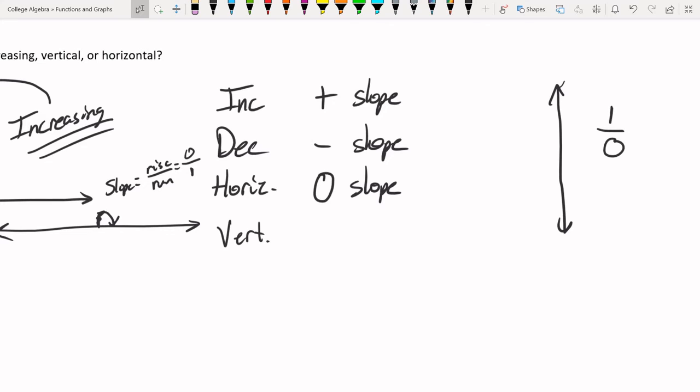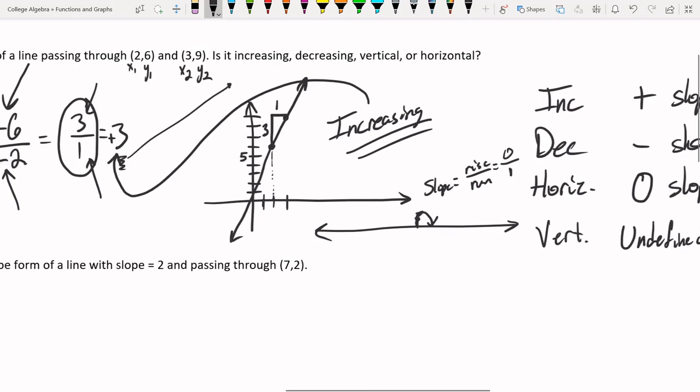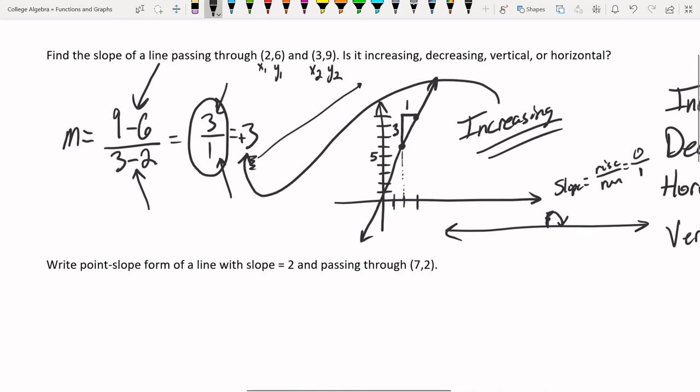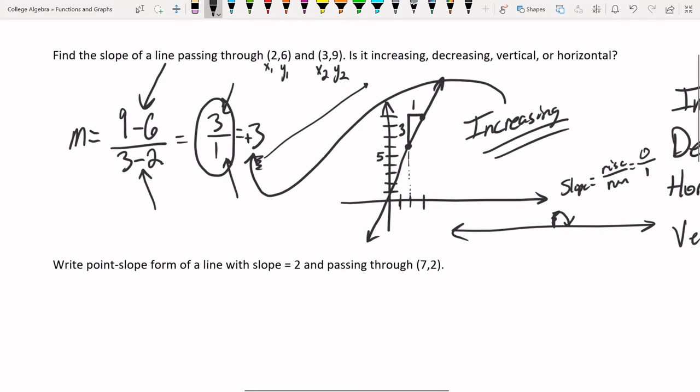So we have a division by 0, and you cannot do that, so we say the slope is undefined. It's like it goes to infinity, but infinity isn't a number, and slope is a number. So you can't say infinity. So we say undefined. That's how we describe the slope there. A little bit odd, but that's the nature of division by 0.